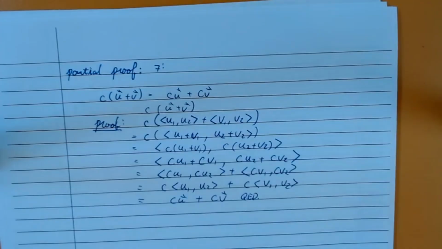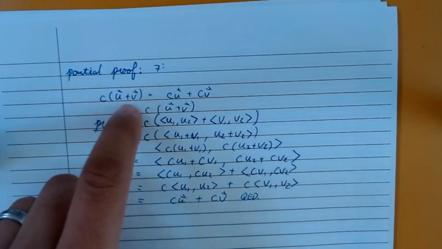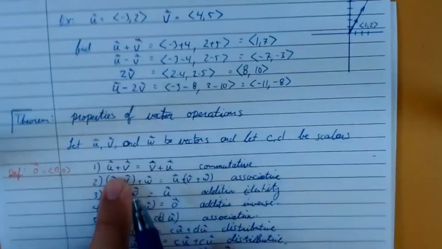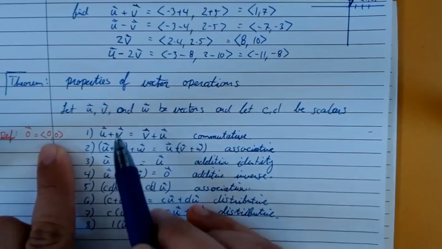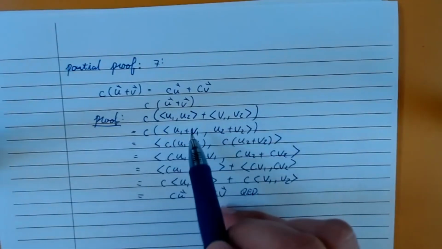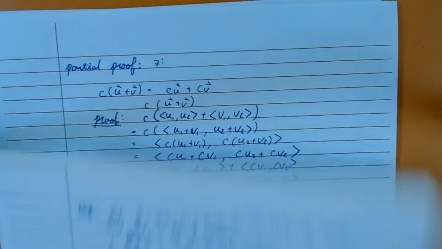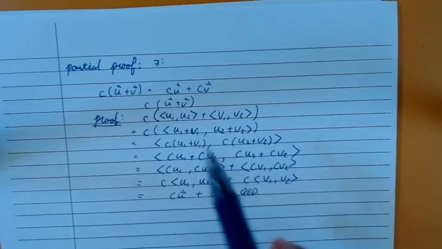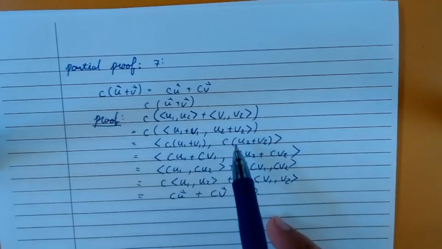All the proofs are like this. You basically start with one side of your equal sign, usually the left side, but you can start with either one. Write it in component form, and then use the definitions of addition, subtraction, and scalar multiplication to expand it out.